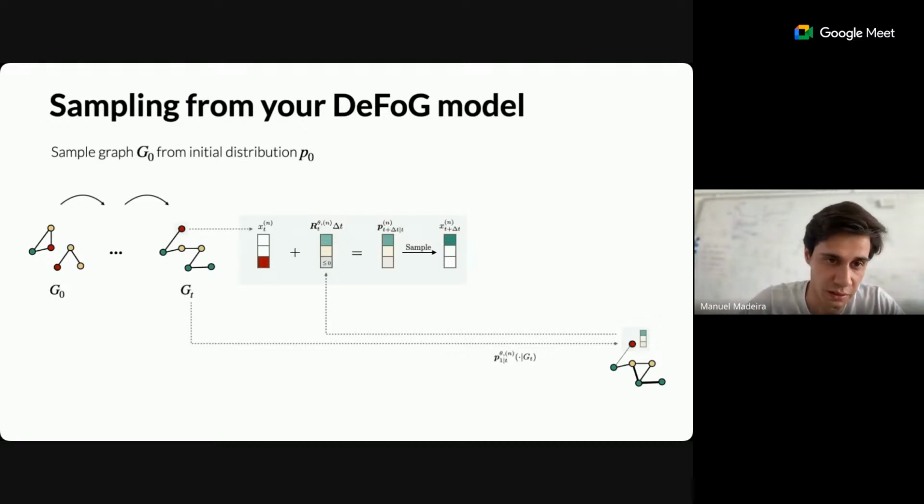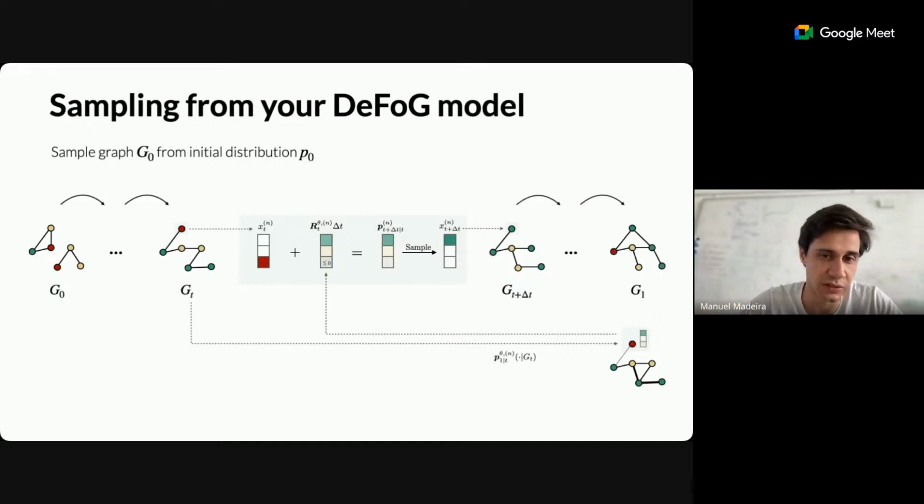Then we combine the rate matrix with the one-hot representation of the state where the node was, and we get the updated probability vector. We sample from there, and now we have our new node class, our new node category. We proceed like this for every node and every edge, and we get our one-step denoised graph. We proceed iteratively until we get to the fully clean graph G1, which is our new sample.